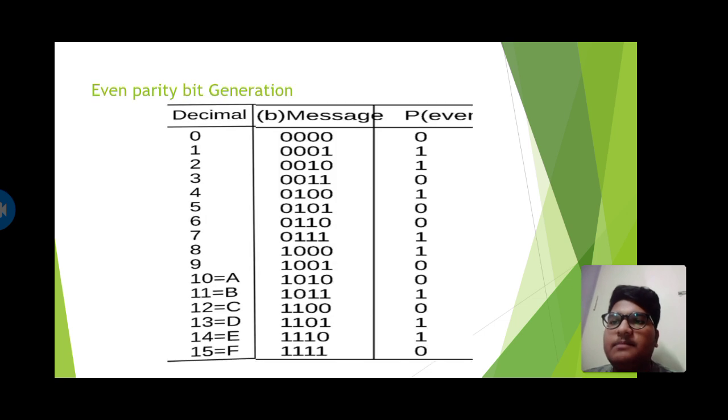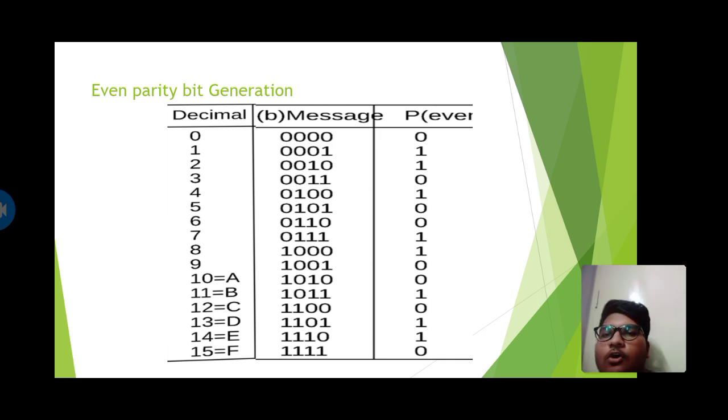Next, some examples for even parity bit generation. Decimal number 0 has message 0000, and parity bit P is 0. For 1 it is 0001, and the corresponding parity P is 1. For 2 it is 0010, and the even parity P is 1. For 3 it is 0011, so having an even number of ones, parity P becomes 0.